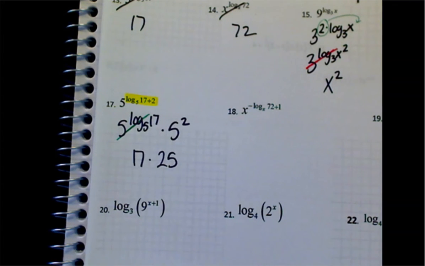But why would you multiply that? When you add exponents and you separate them, you are multiplying. So this plus, when I separate, turns to multiply. Right? Properties.